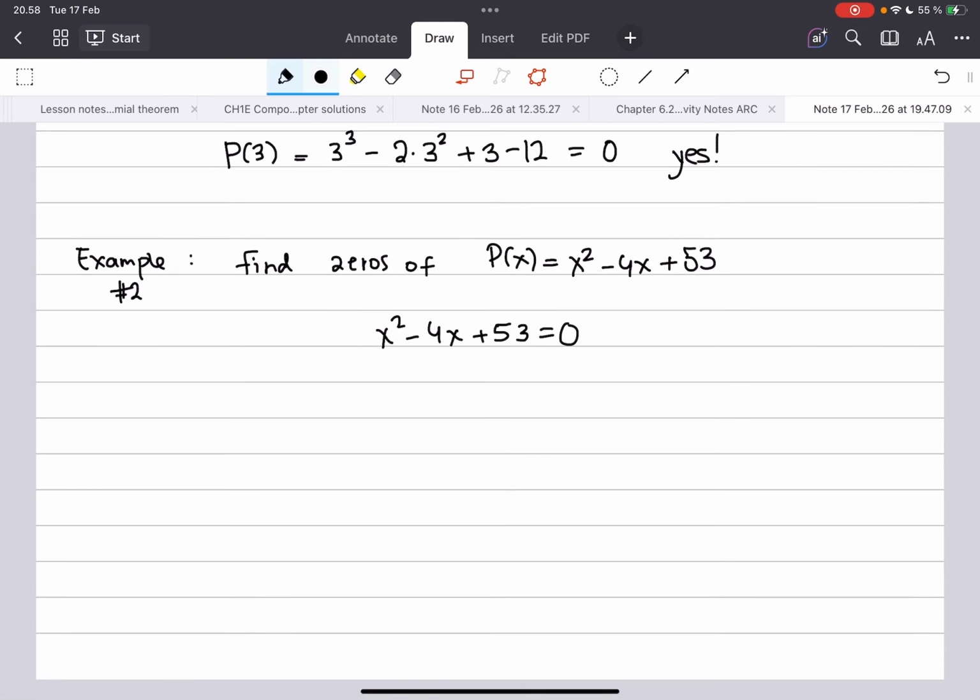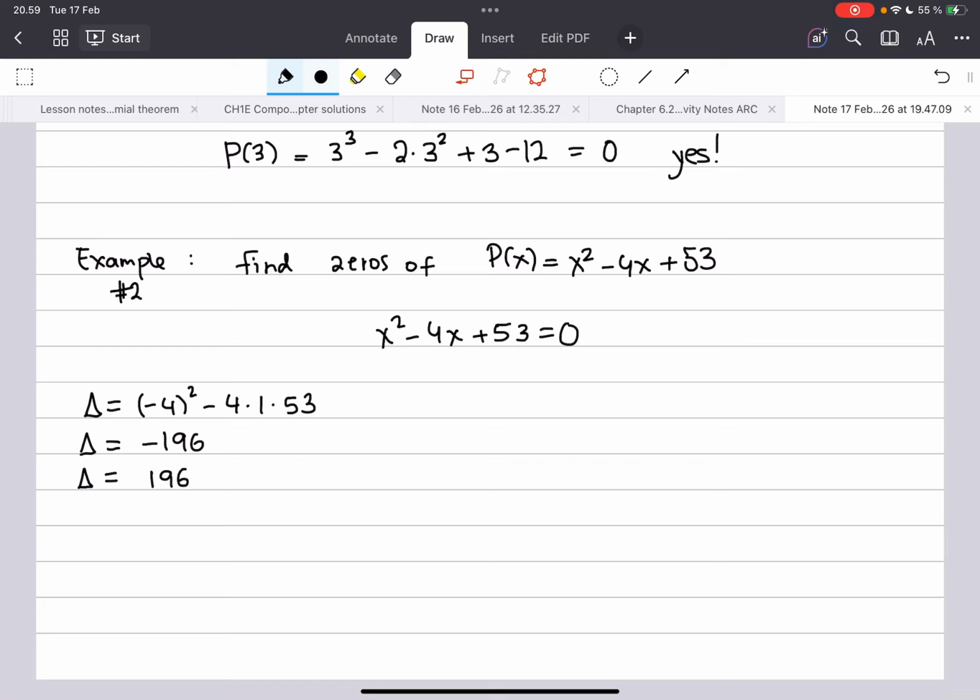This is a quadratic equation now that I have to solve. So I'll go ahead and find the discriminant, which is b squared minus 4 times a times c. Calculating this gives you minus 196. Therefore, no real solutions, but we learned that, alright, it has complex solutions.